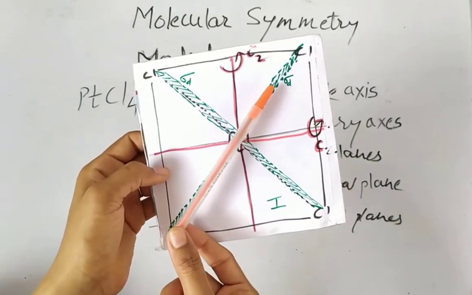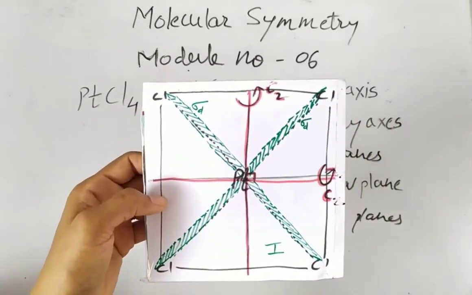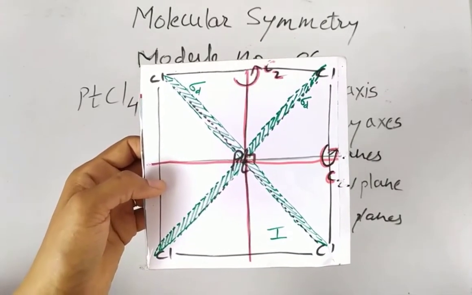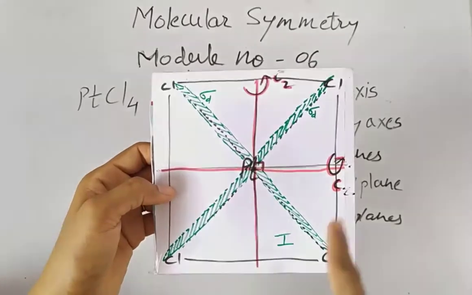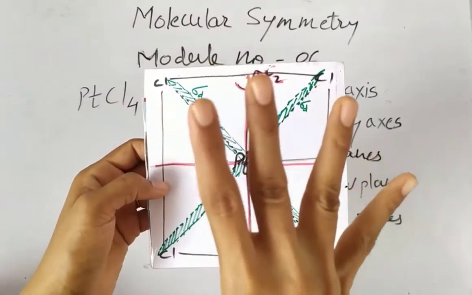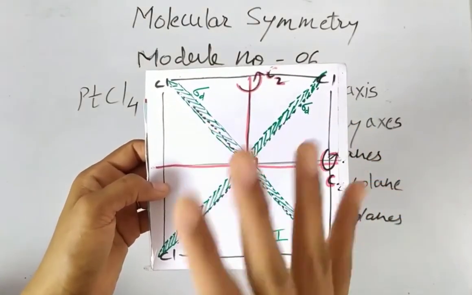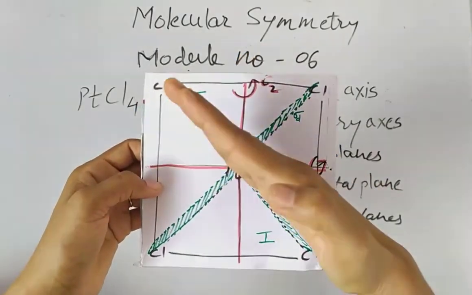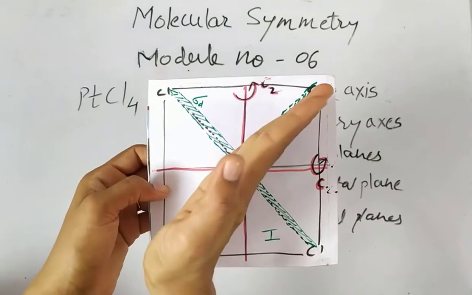These are the 4 C2 axes. If you have forgotten, you can go back and watch the previous videos. Now from the same places we have got 4 vertical sigma planes, that is sigma V. First plane, second plane, third plane and fourth plane.